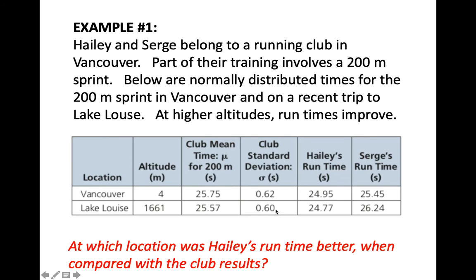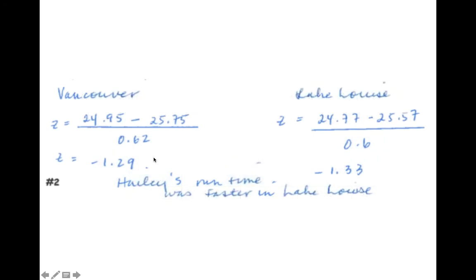So z-scores give us a hand with that. We calculate the z-score for each scenario. You'll have to pause the video and go back and look at the results. In Vancouver, we discovered that her z-score is negative 1.29, and in Lake Louise, it's negative 1.33.